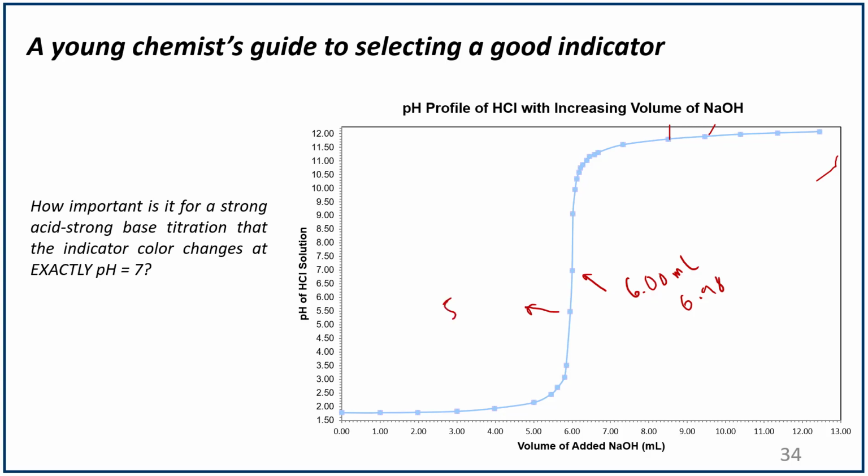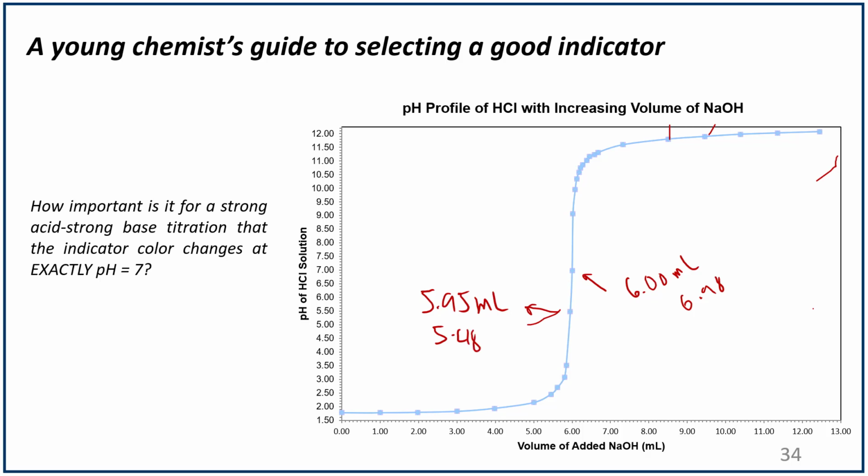This is 5.95 ml, and the pH here is actually 5.48. Okay, notice that is actually very far from 6.98, a difference of 1.5. Let's rewrite that. So this is again 5.95, and then the pH is at around 5.48.